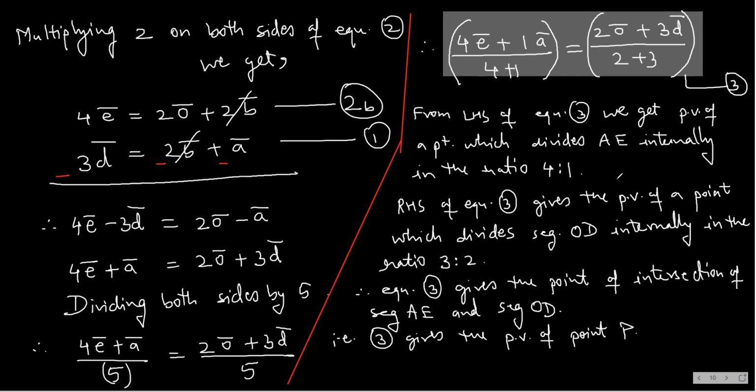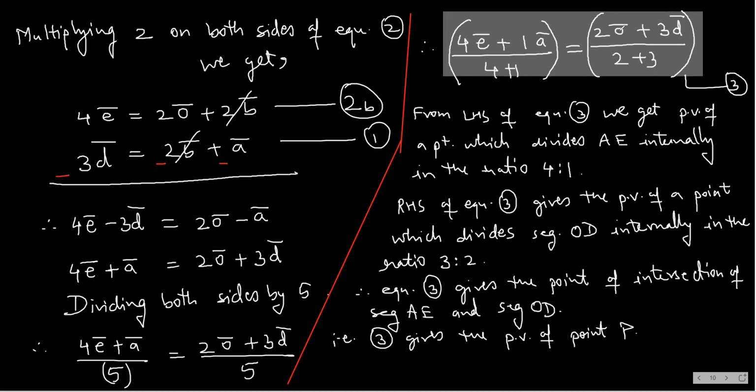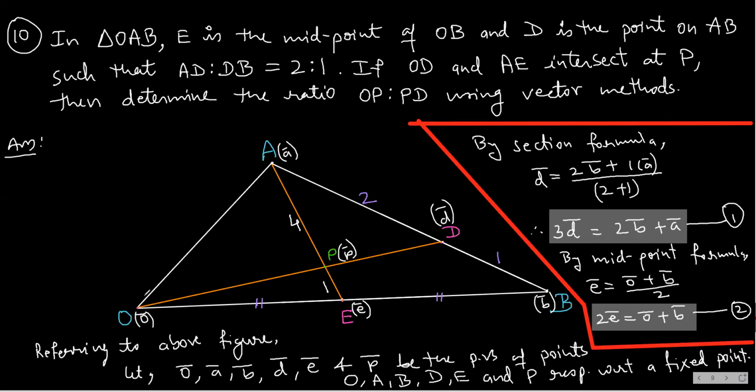Okay. So now what you can say? You can say that P divides AE in the ratio 4:1. So 4 here and 1 here. Further, P divides OD in the ratio 3:2.